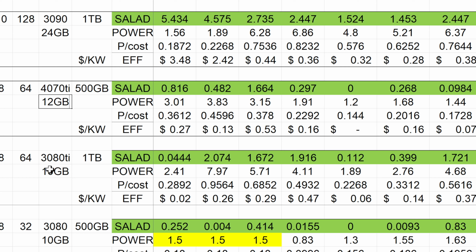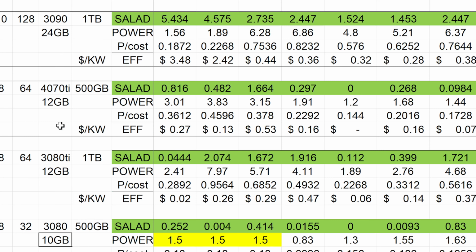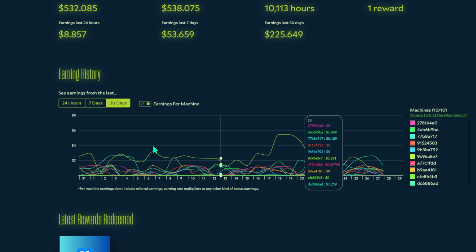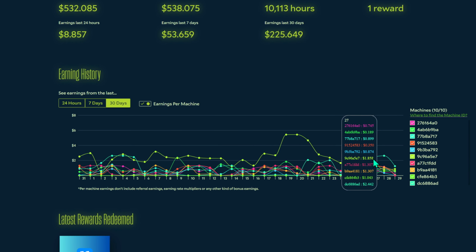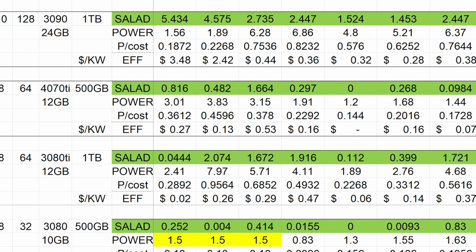All right, so those both are 12 gigabytes, and then the rest are 10 gigabytes. Okay, so now basically I pulled all this data from here for all the 30 days for each machine, just to get the efficiency straight and some data for you guys so you can compare.